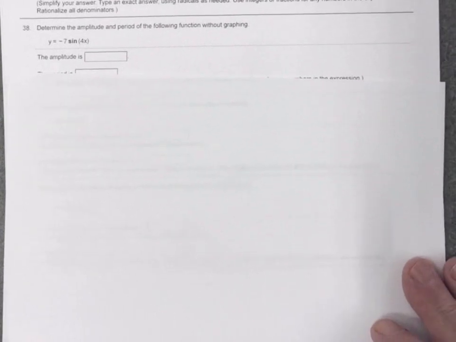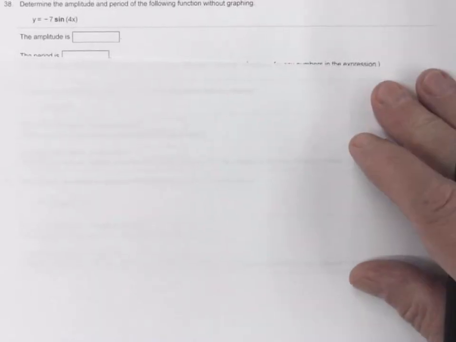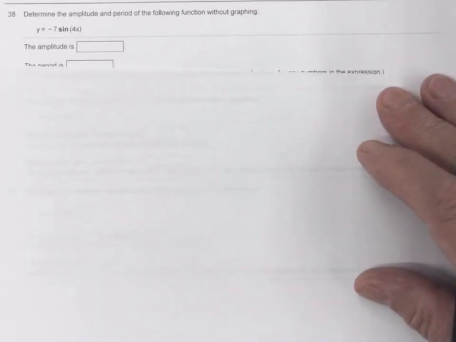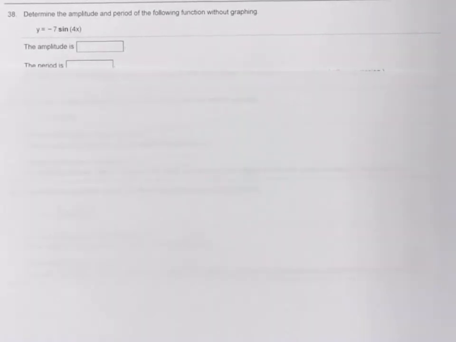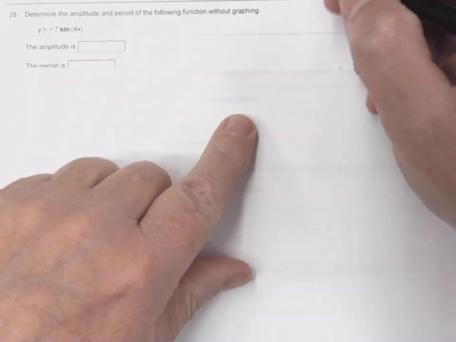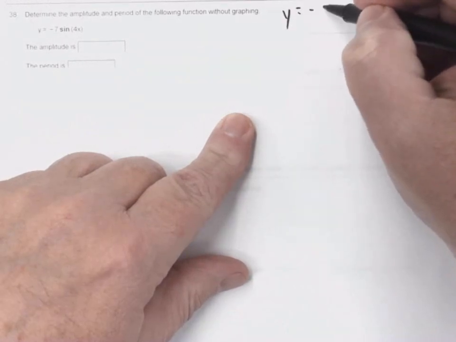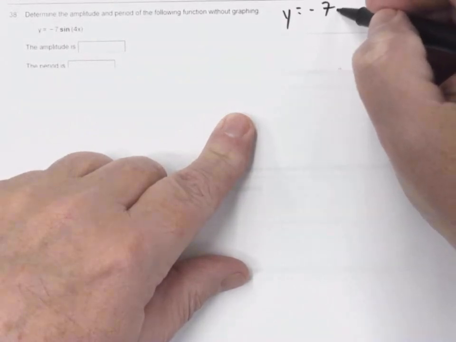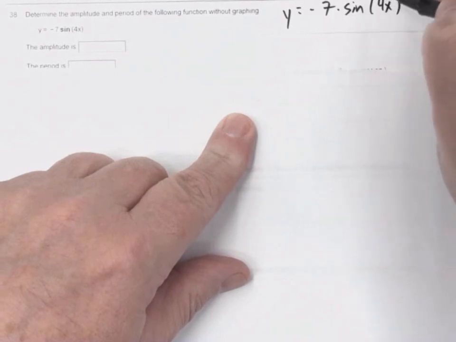So for instance, this first problem says determine the amplitude and period of the following function without graphing. Let me rewrite the equation over here: -7 times the sine of 4x.